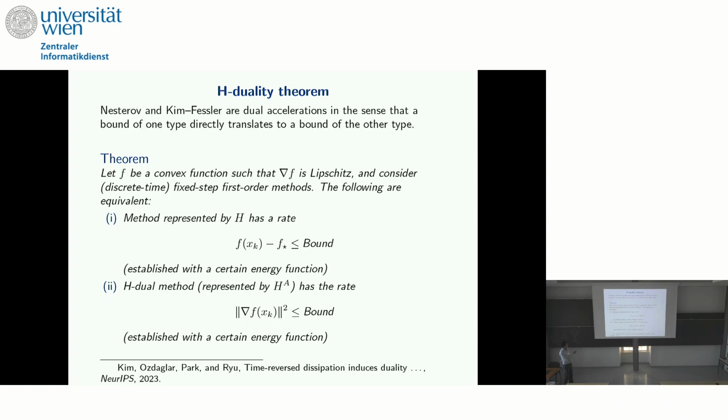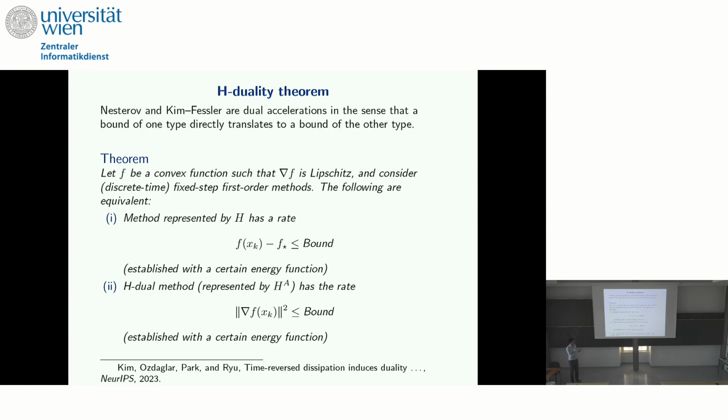If we have a method represented by H, the H matrix representation, and we can establish a guarantee on the function value, but there is a certain caveat that we need to be able to establish it with a certain Lyapunov function. This is a big asterisk, but I'll skip over it for the moment. So the algorithm represented by H has a function value guarantee. If we flip it and consider the algorithm represented by the anti-diagonal transpose, the H-dual method, that algorithm has a guarantee on the gradient magnitude, and these two bounds are exactly the same.